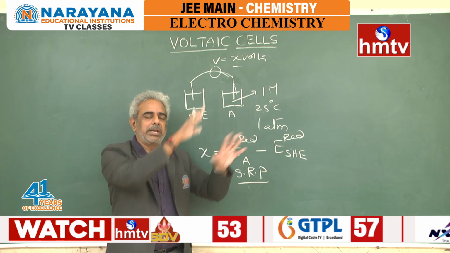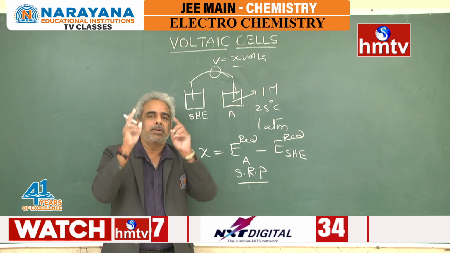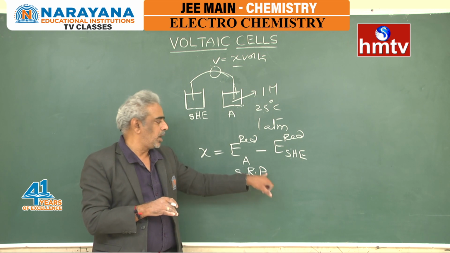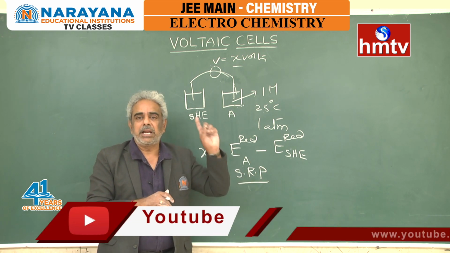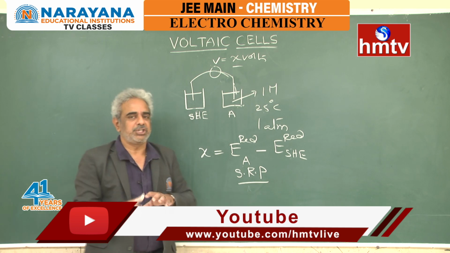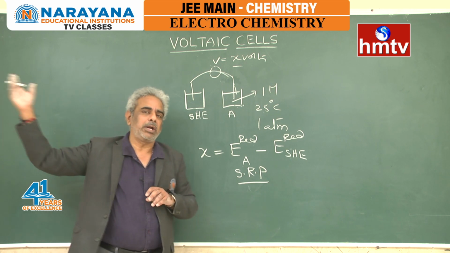Whatever potential is recorded there in the voltaic cell, that potential is called the standard reduction potential of the individual single electrode. That is also called single electrode potential.